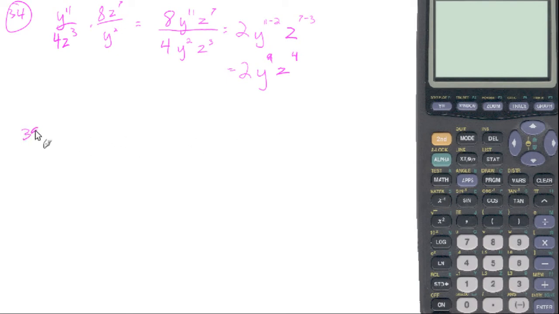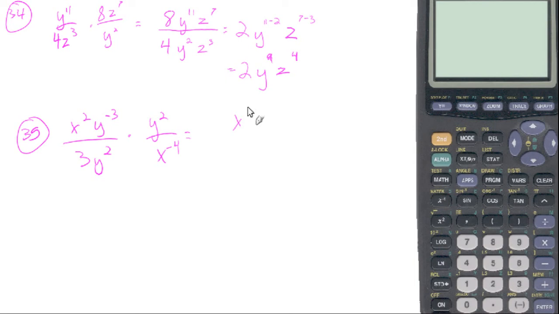35. Okay. X squared times y to the negative 3 over 3y squared times y squared over x to the negative 4. And we just put these two fractions together.